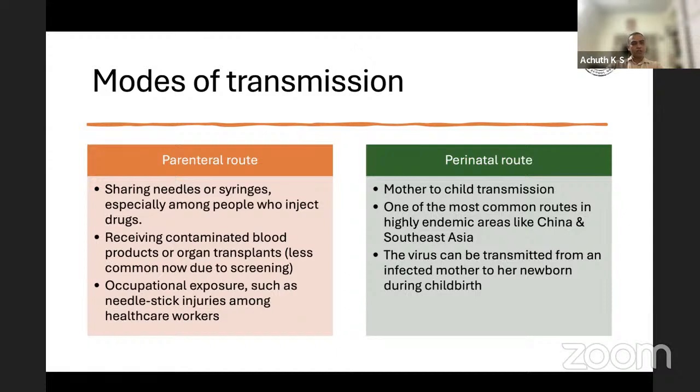And the other most important are occupational exposures such as needle stick injuries among healthcare workers, which happens during your internships. So please be careful. And the perinatal route, mother to child transmission, is one of the most common routes in highly endemic areas like China and Southeast Asian countries. The virus is transmitted from infected mother to her newborn during childbirth.